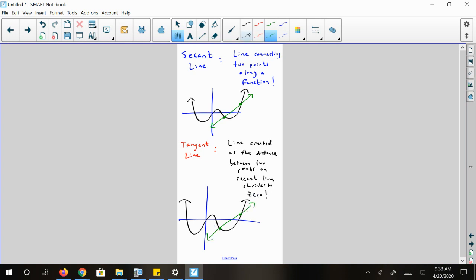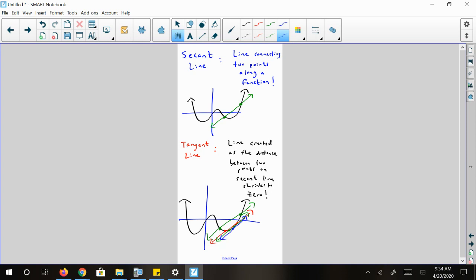But if I were to start taking the distance between these 2 points and making it smaller, we'll keep doing this in varying colors here, eventually we would get to a point along the graph where there's no more distance between those 2 points. And we have this line that just barely touches the edge of the graph. That's called a tangent line, where it only touches the graph in one particular point.